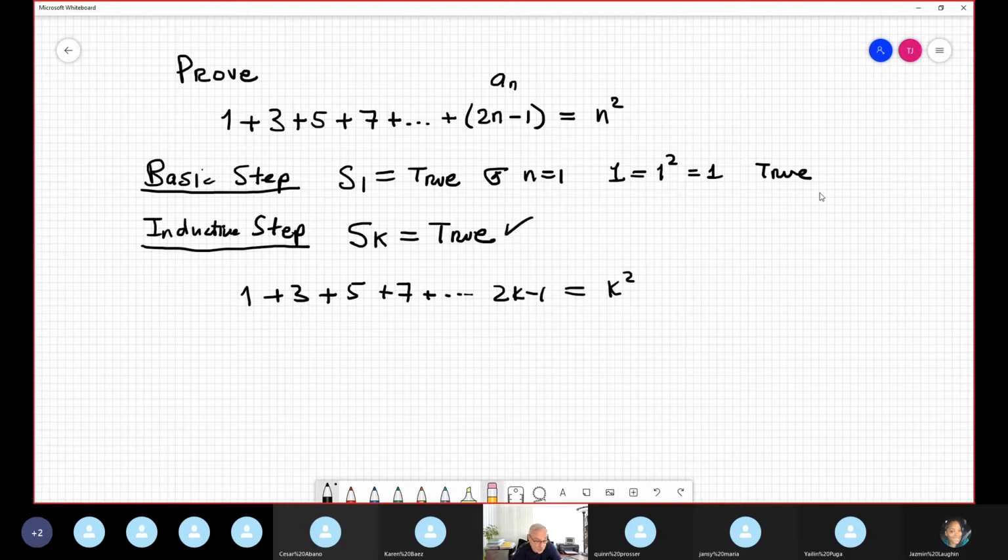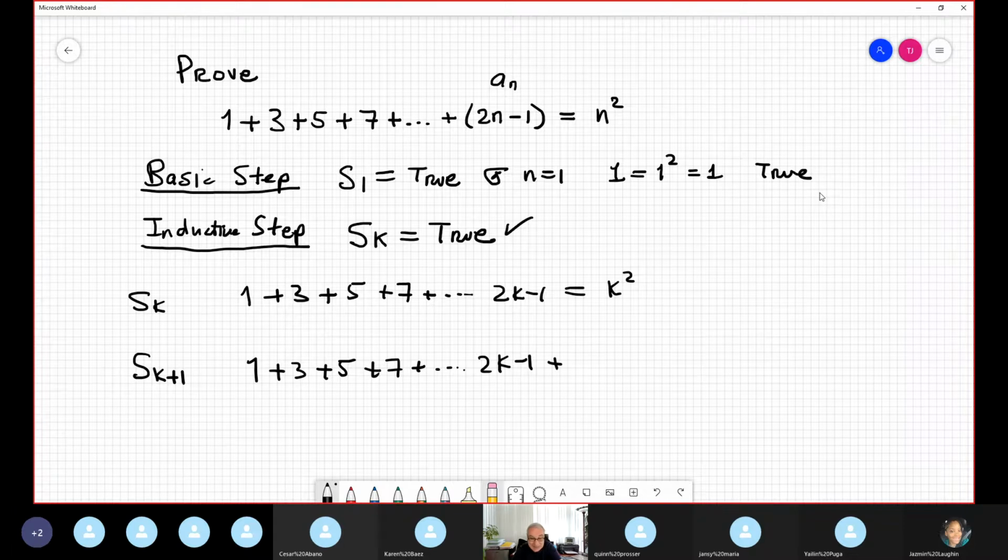Okay, now this is a sub k. I try to manipulate a sub k plus 1, which is the next one, because the next one is exactly the same. I want to copy again: 1 plus 3 plus 5 plus 7 plus ... plus 2k minus 1.